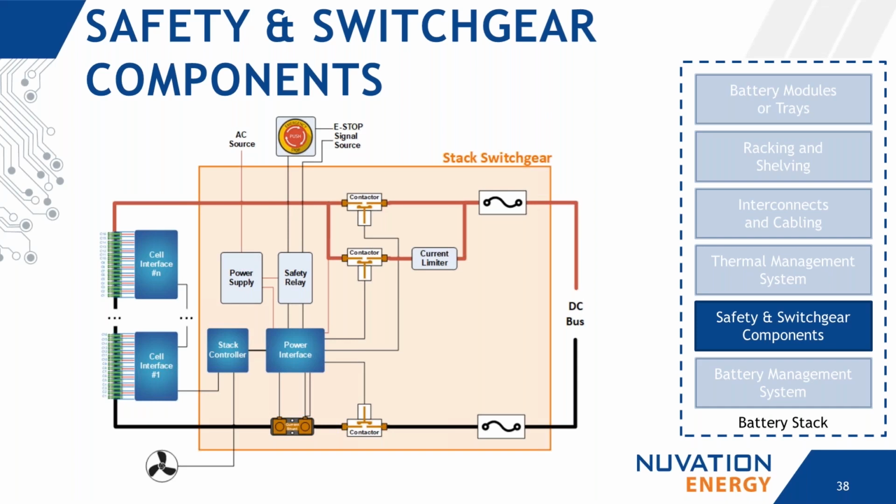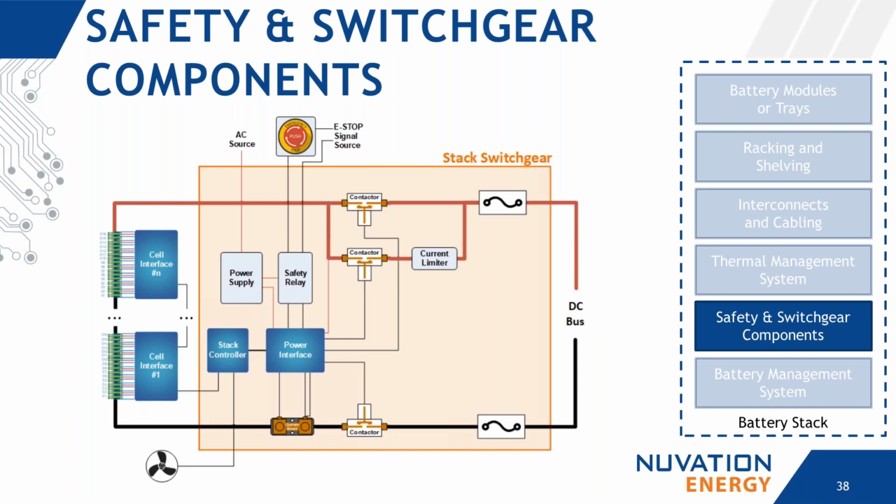Precharge is implemented using a current limiter and an additional contactor. The precharge is used to limit current when connecting multiple stacks together, also when connecting to a PCS, which generally has a very large capacitive bus. Without the limiting of current, you can see overcurrent in these connections, as there could be voltage differences between adjacent stacks.